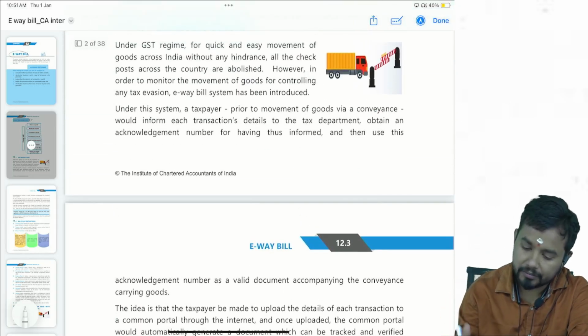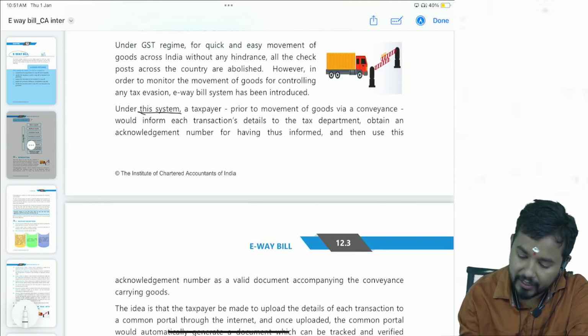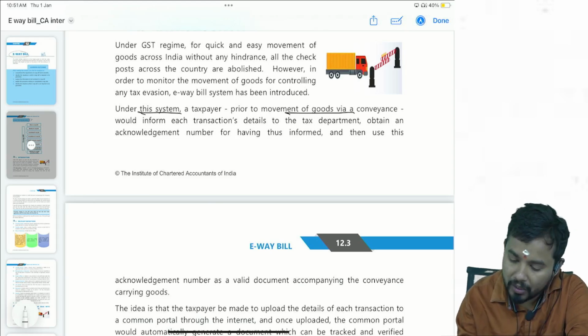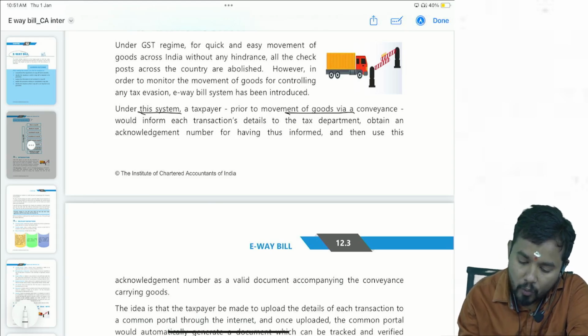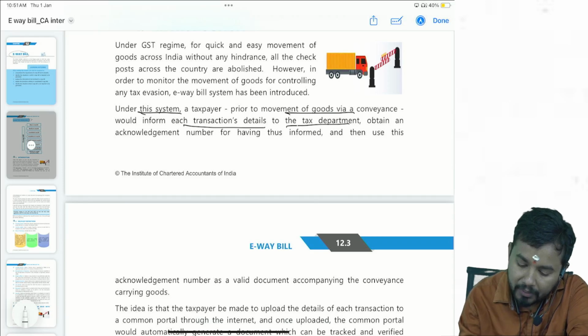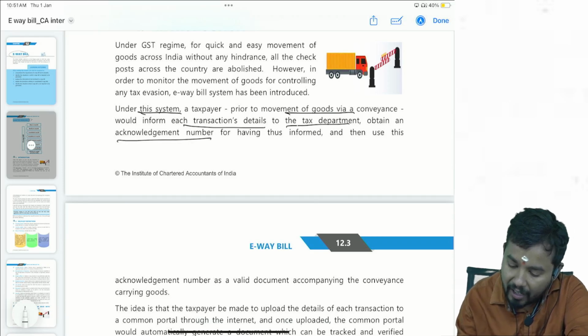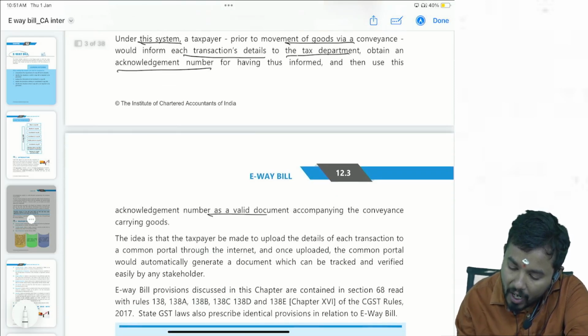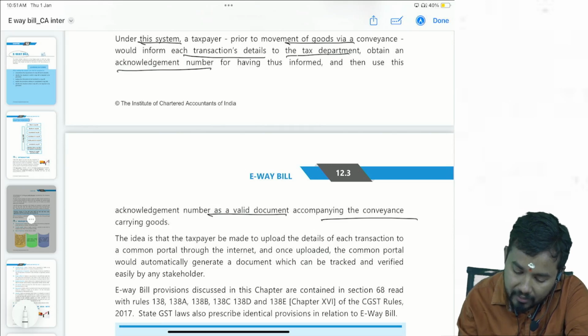Look here. Under this system, a taxpayer, prior to movement of goods via a conveyance, would inform each transaction details to the tax department, obtain an acknowledgement number for having this informed, and then use that acknowledgement number as a valid document accompanying the conveyance carrying goods.